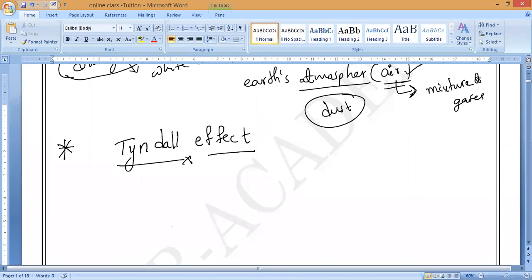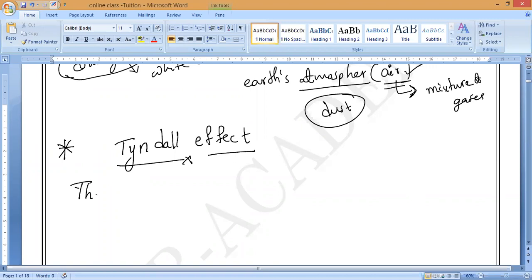The particles present in the path of the light scatter the light, meaning they send the light in random directions. That is what we call the Tyndall effect.